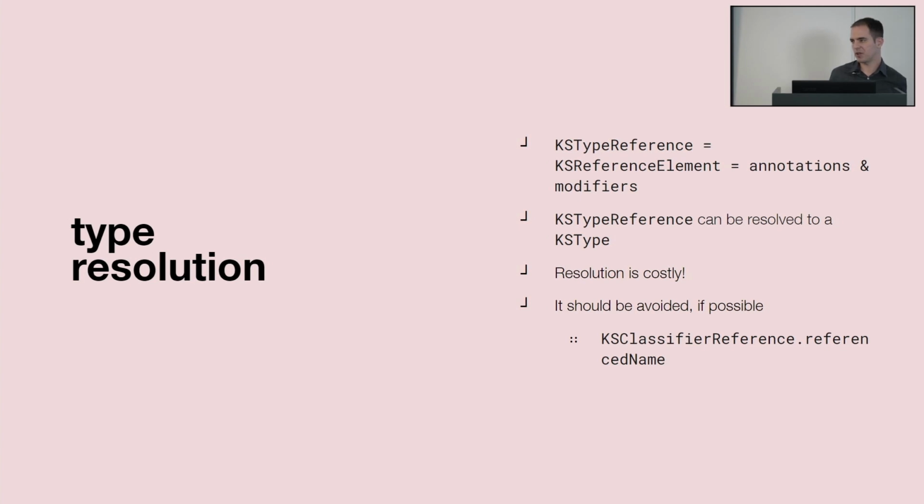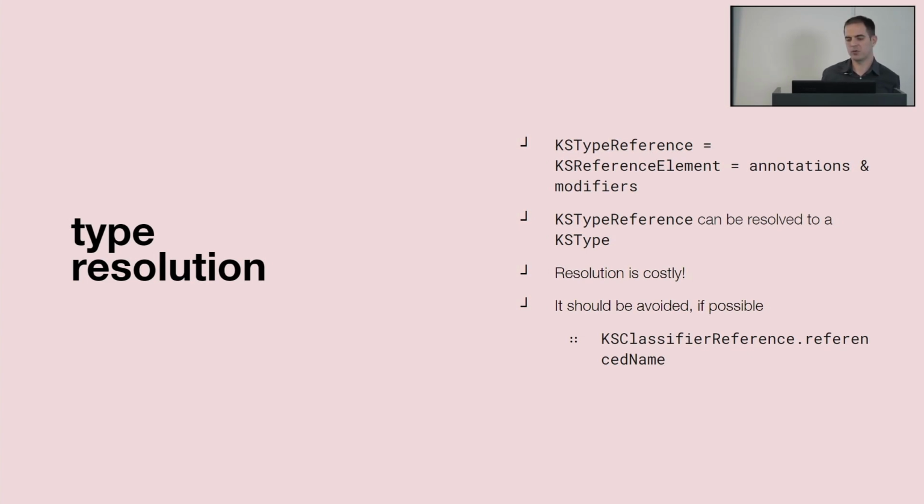So when, for example, you have a return type of a function, you cannot inspect the fully qualified name of that return type, or whether it actually is a class or an interface, or if it is a class, what kind of properties and functions it has. So you can only see very limited information from type references.